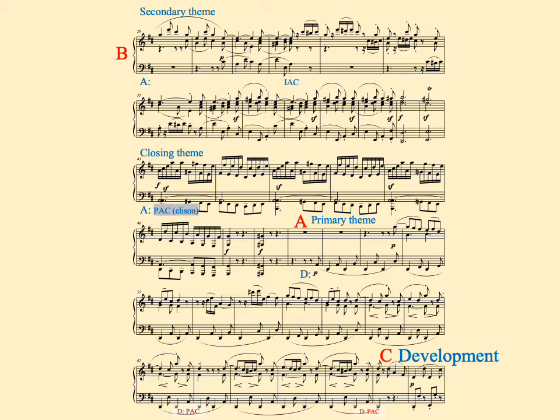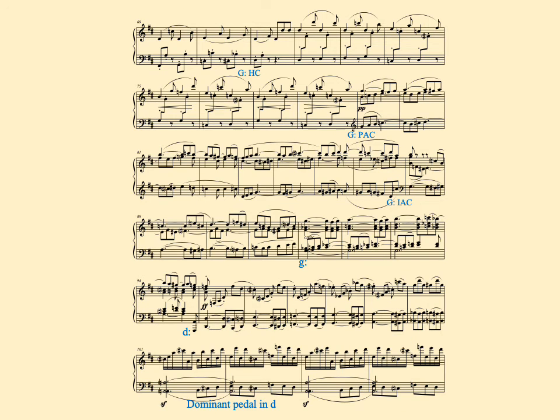Section C, the development section. We've wandered into G major. You can hear how this is drawn from the primary theme. And now this is stuff that's closer to the closing theme, especially once he gets the melody and the bass, you'll hear it.